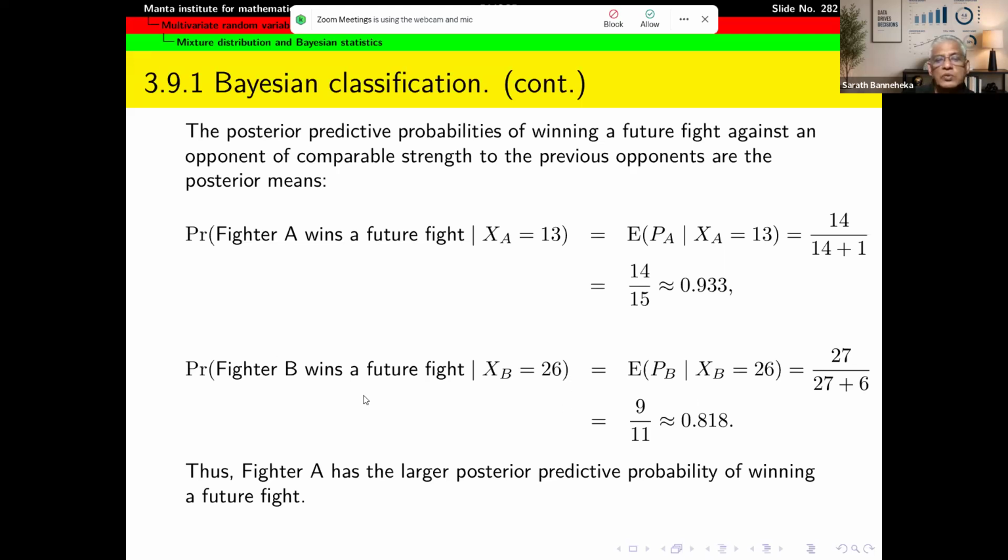Using these two, because this number is larger than this one, PA has a larger posterior predictive probability of winning a future fight. That is how Bayesians usually decide which person has a higher probability of winning a future fight. So that is the answer to one part.